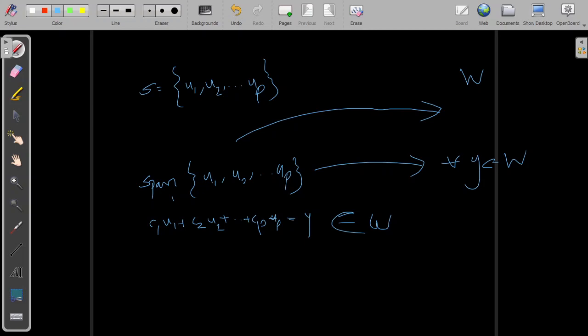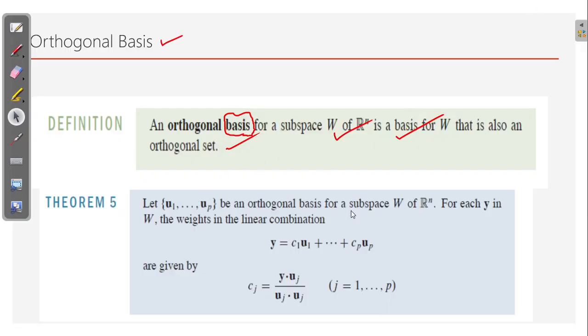So this set S forms the orthogonal basis. And here what the theorem says is: let the set S equal to u1, u2, u3, up be an orthogonal basis for a subspace W of Rn.